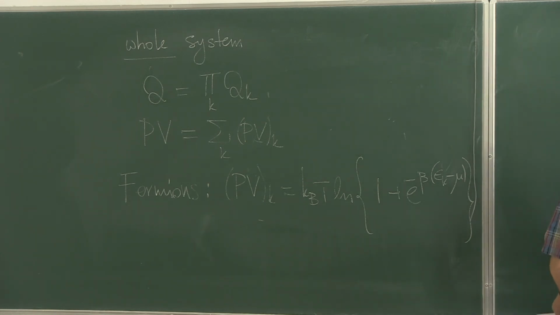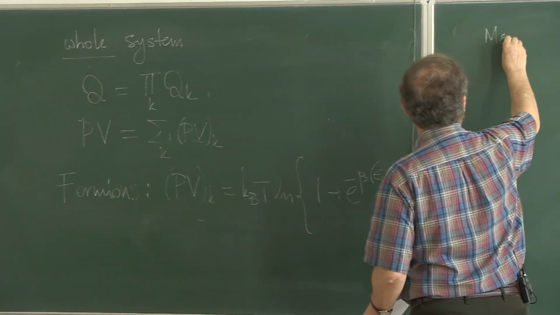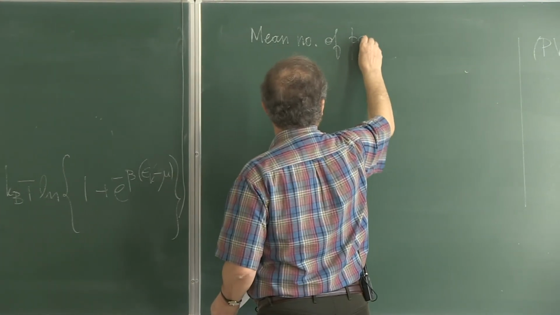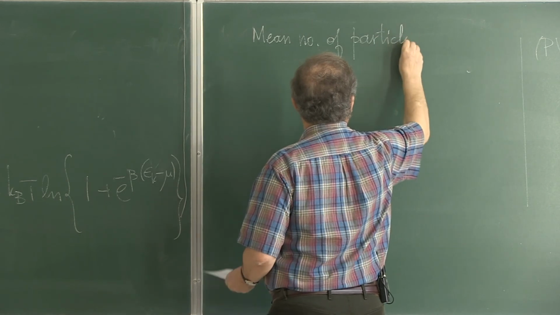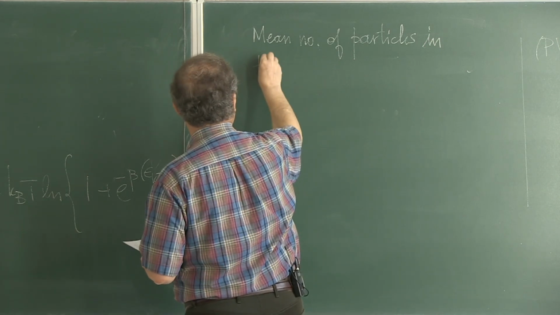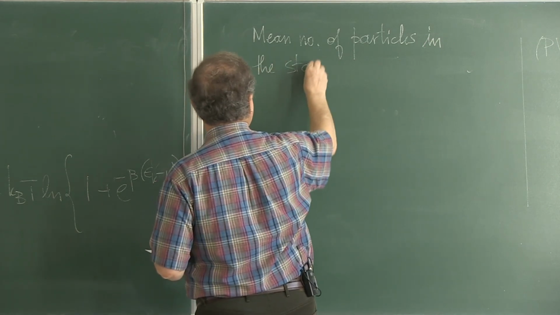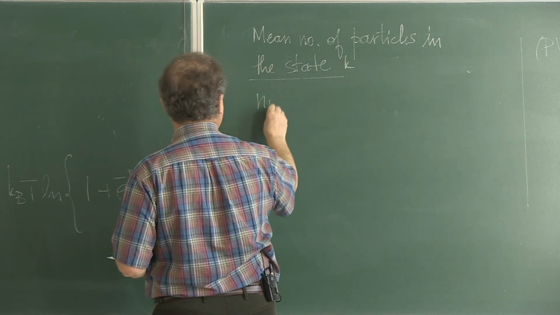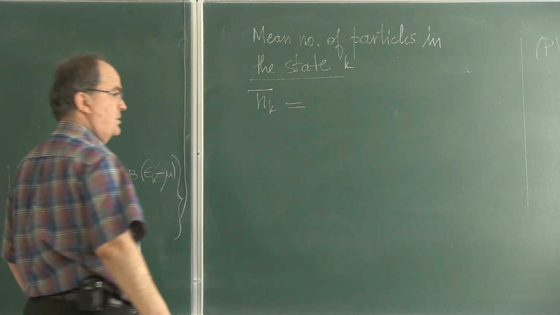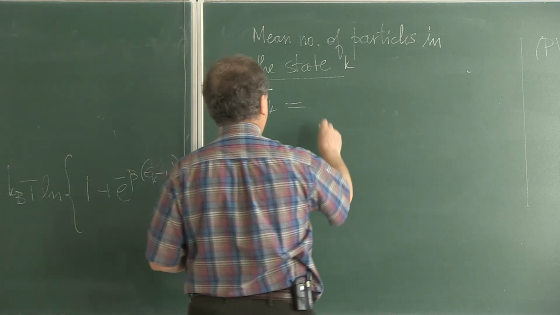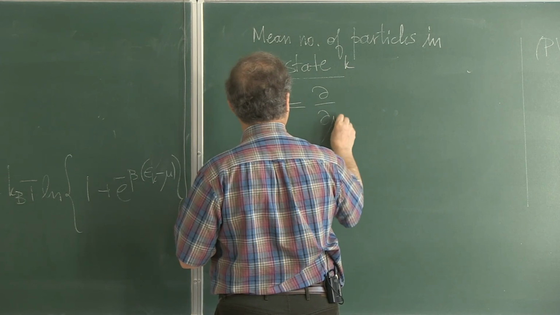And if we go to the average or mean number of particles in the state we are considering, single particle state k, it is the average n_k. We can relate that to the derivative of the grand potential with respect to mu.